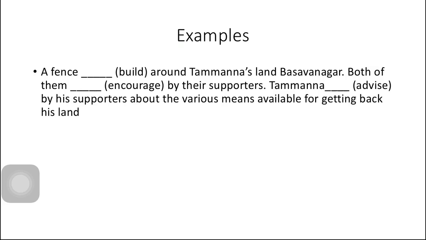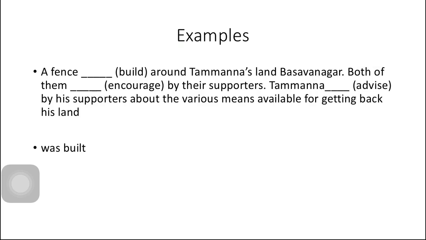If we see the fence dash in bracket build, it should be the third form. So we must add: a fence was built, a past participle form. A fence was built around Tamanna's land.